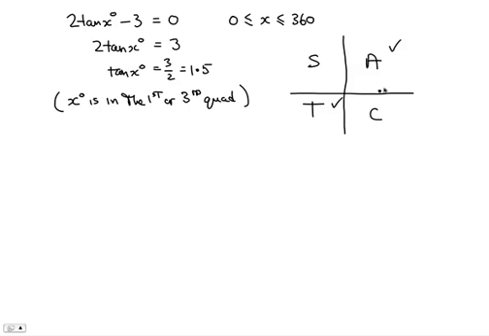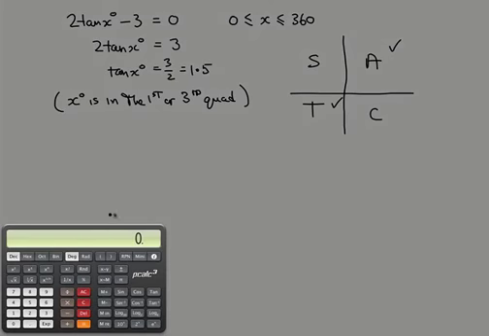And again, as we did in the last example, we need to find out the first quadrant angle. And to do that, we'll call up the calculator. And to find the angle whose tangent is 1.5, we'll type in 1.5. Make sure we're in degrees.